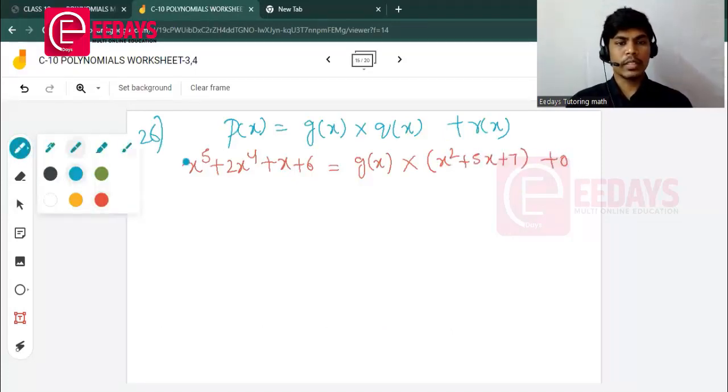We have to assume like this. We need to find g of x. If we move the multiplication to the other side, it becomes division. I think everyone knows it, right? So let us do the division part.